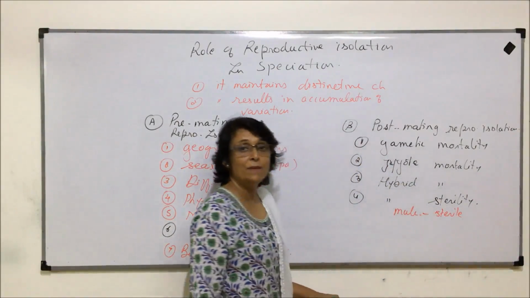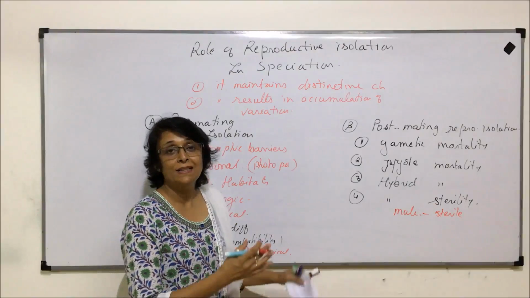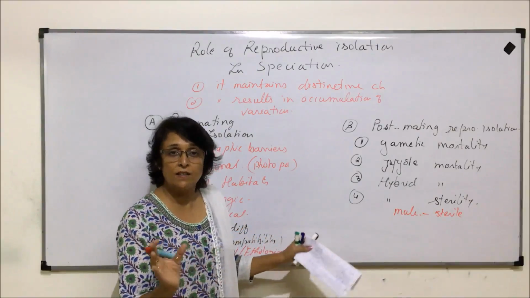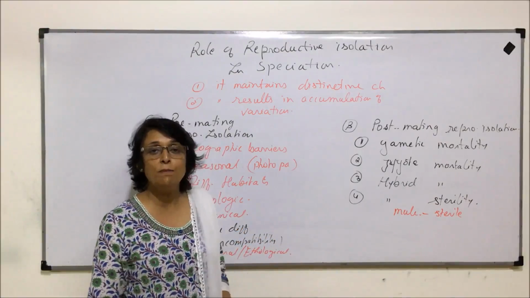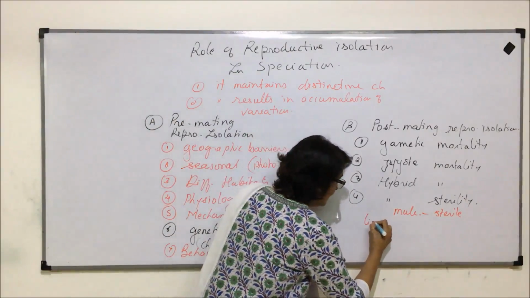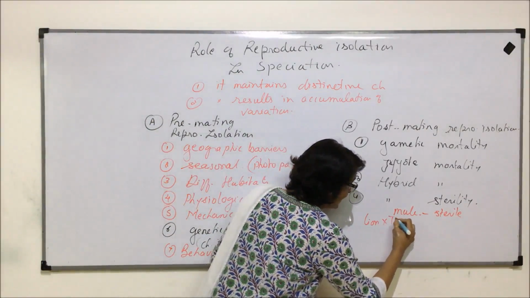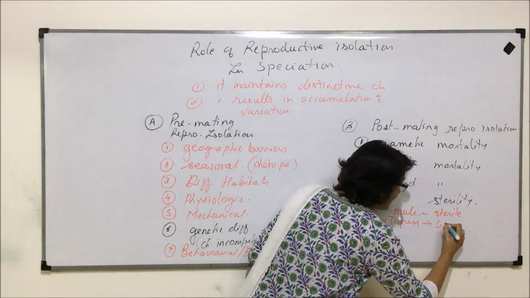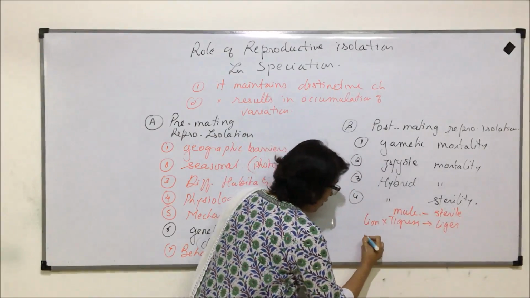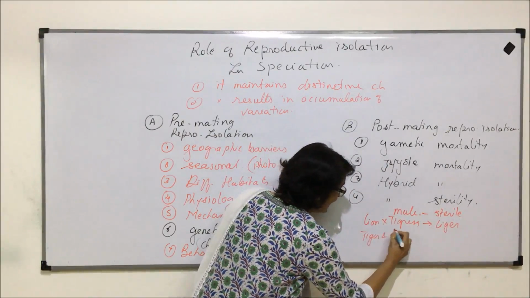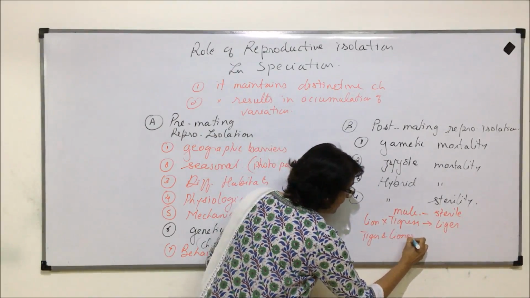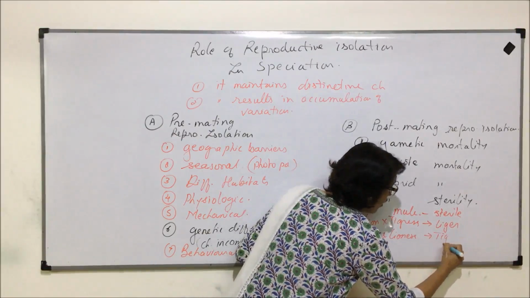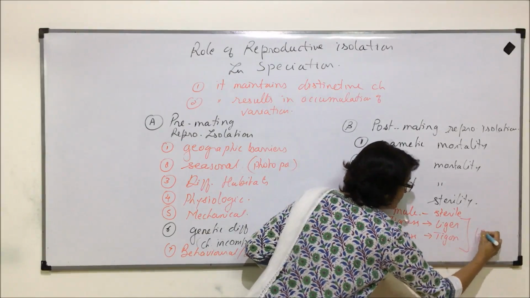But the hybrids which are obtained from lion and tiger, different species, that means a hybrid of a lion and tigress, which is known as liger, and of a tiger and lioness, which is known as tigon, both are fertile.